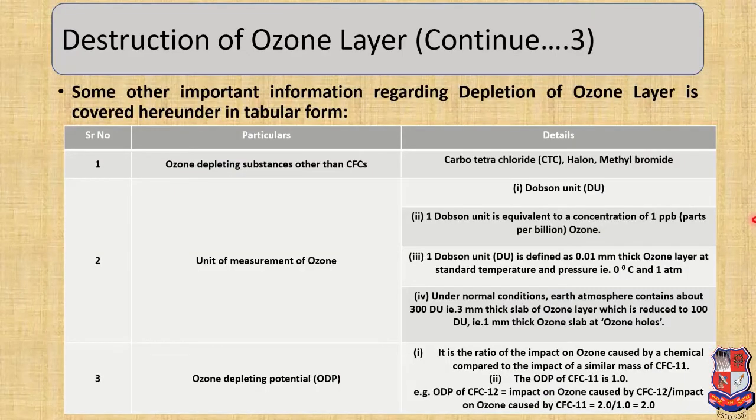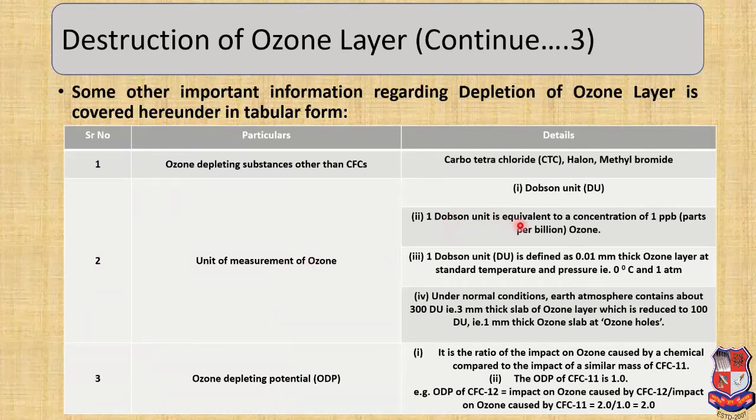Now here are some other facts regarding the depletion of the ozone layer, covered here in tabular form. Starting with the first fact, carbon tetrachloride, called CTC, halon and methyl bromide are ozone depleting substances other than CFC. Then the next fact is the Dobson unit, generally denoted as capital DU, which is the unit of measurement of ozone.